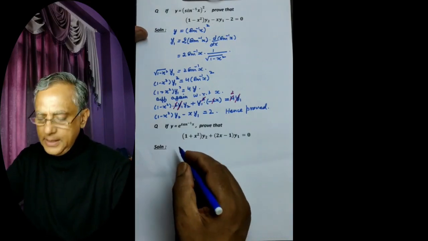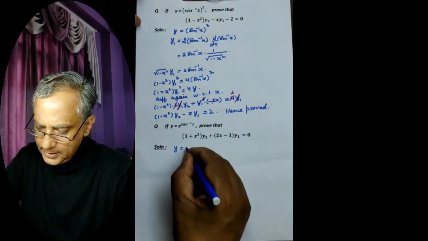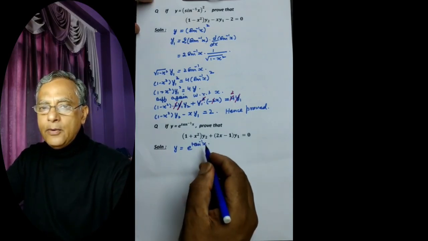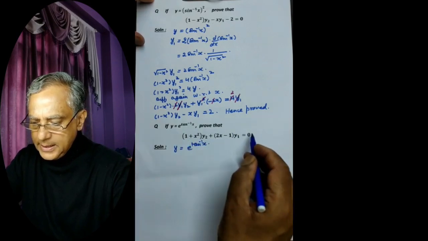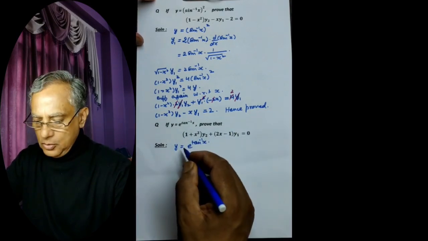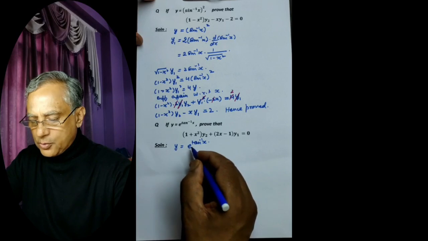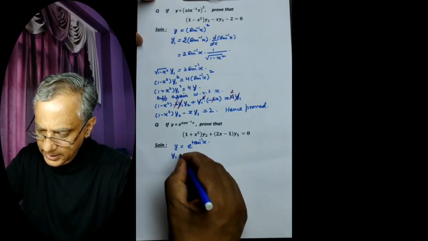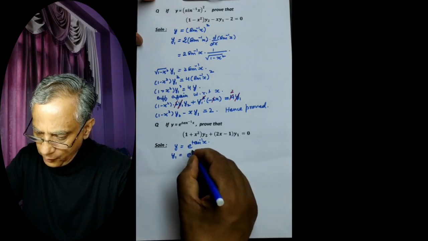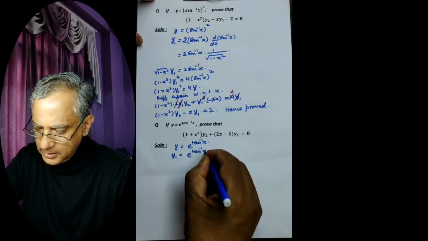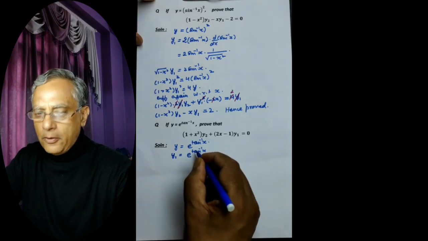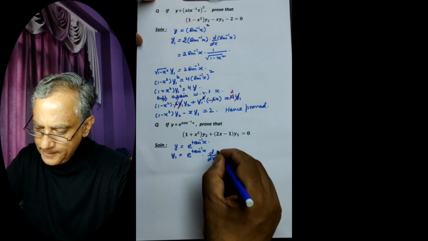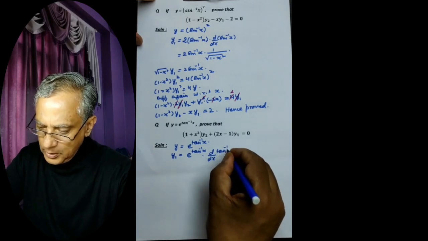Now next question is, we are given y is equal to e to the power tan inverse x, and we have to prove this relation. So what we do is we differentiate both sides of this equation with respect to x. What we get is y1 is equal to e to the power of tan inverse x. Differential of e to the power of x is e to the power of x into differential of inner function, that is d by dx of tan inverse x.